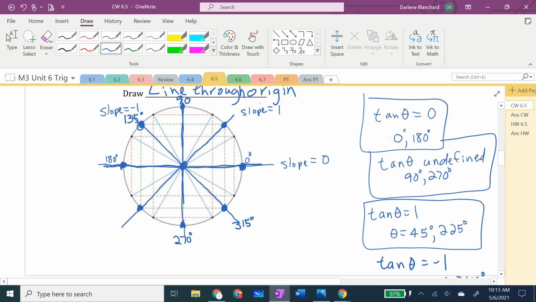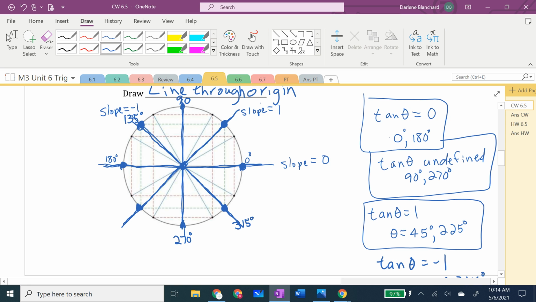Drawing a vertical line through the origin, those are the angles where tangent is undefined. Drawing a line with a slope of 1 going halfway through the quadrants, that is a +1 slope. The tangent of these two angles is 1. This has a slope of -1. The tangent of 135 and the tangent of 315 are both equal to -1.